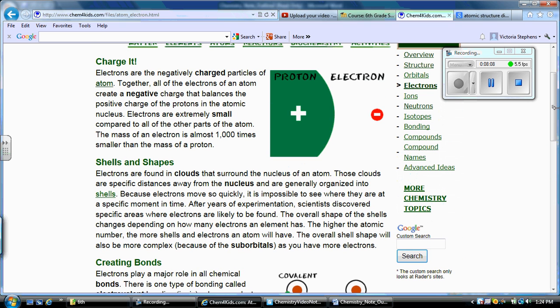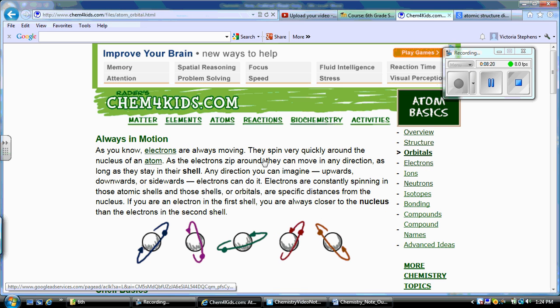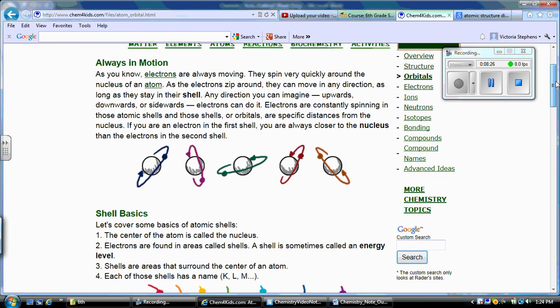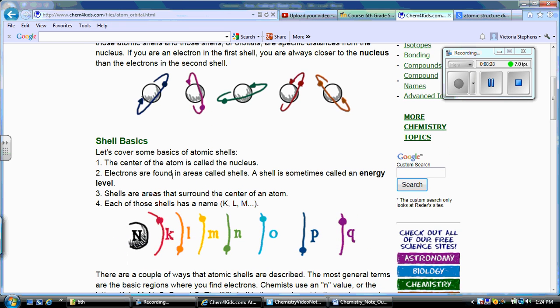Well, let's find one. When you're reading about the electron cloud, you're seeing things like shells and orbitals. So I go over here and click on orbitals. Now it's going to talk about electrons, how they're always moving, and then some basics of the orbitals or shells.